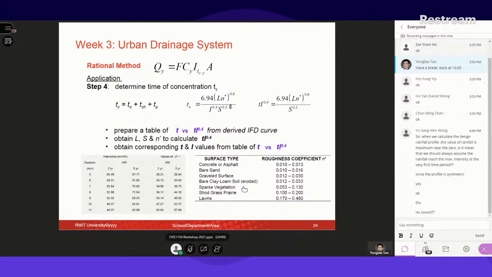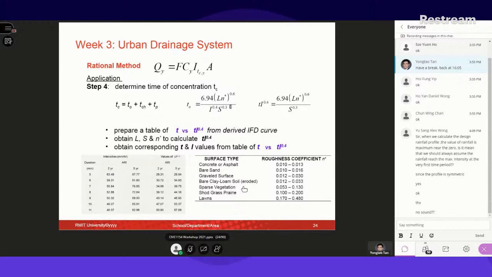And for the design of any urban systems, the minimum time of concentration for the flow from the first inlet pit should not be less than 5 minutes. Now first let's look at the overland flow.